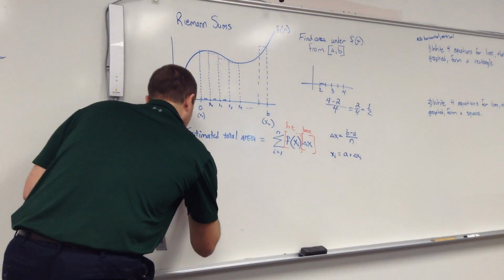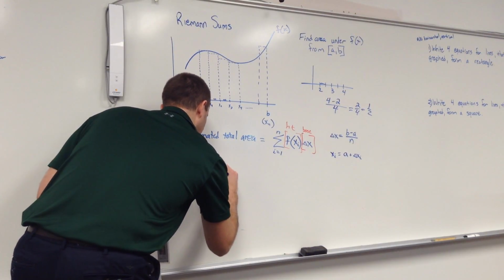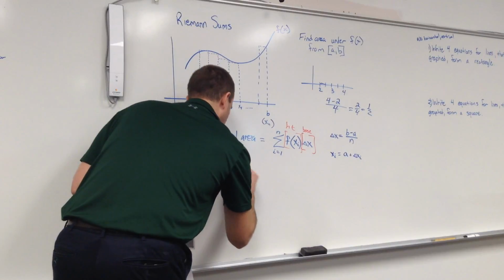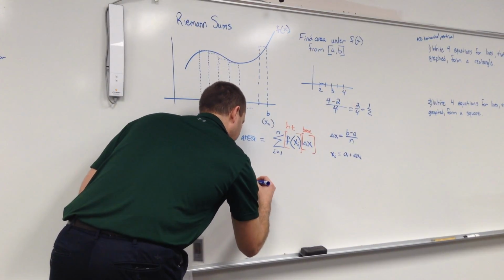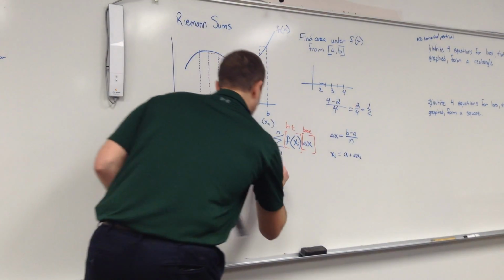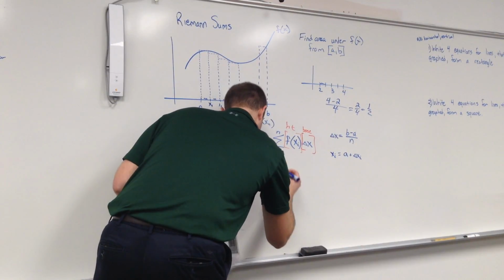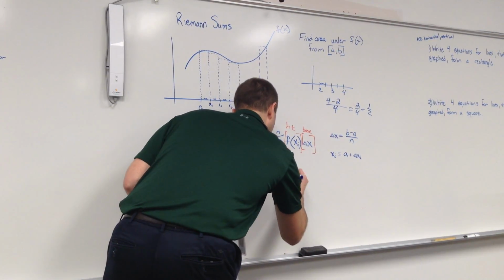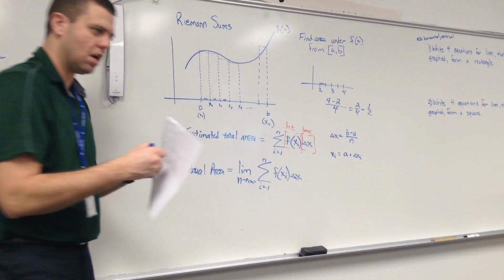So the actual area will equal the limit as n goes to infinity of the sum as i goes from 1 to n of f of x sub i times delta x.